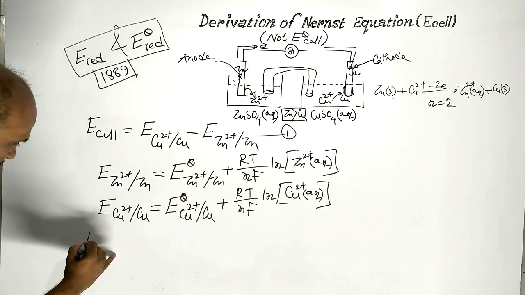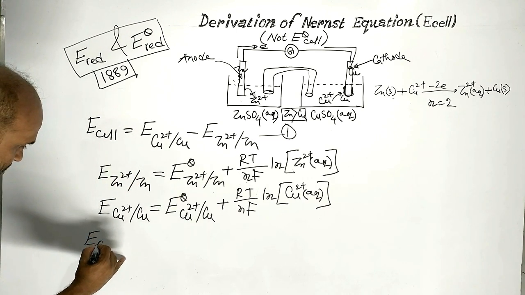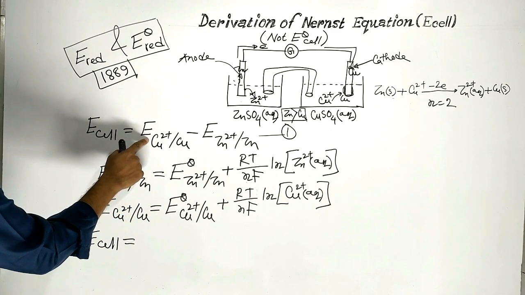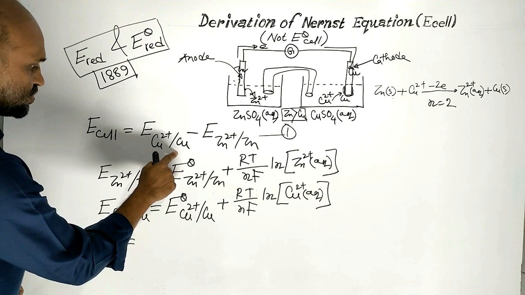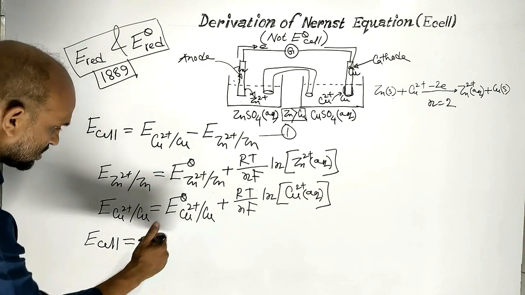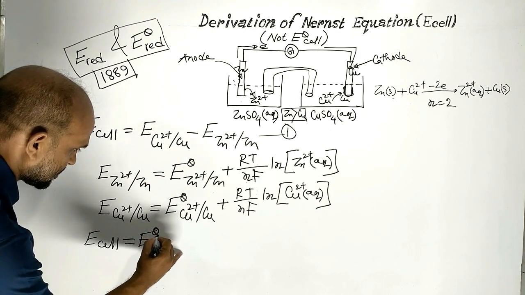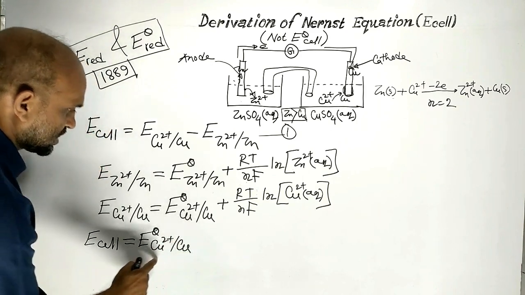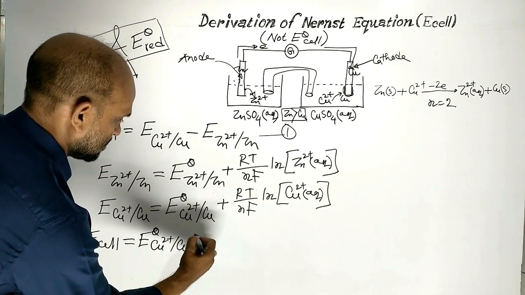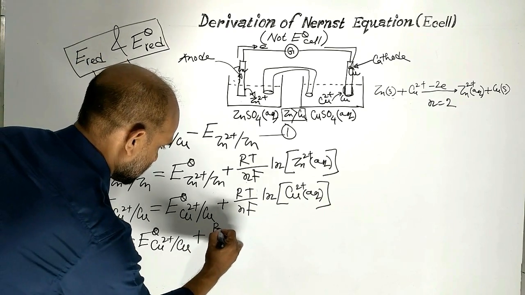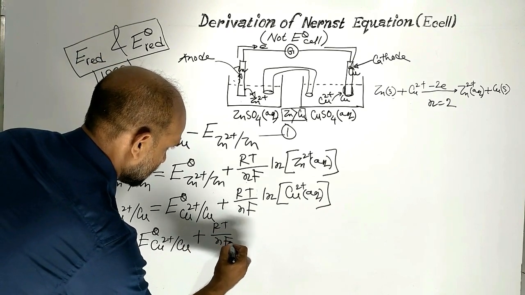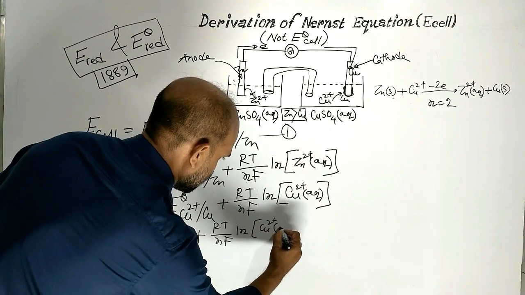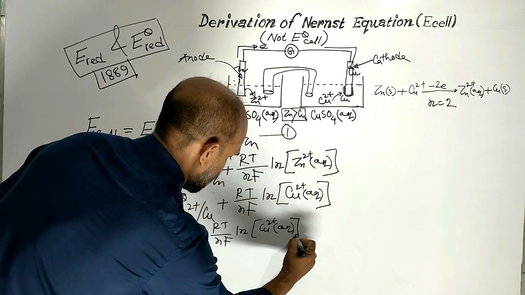Then we can write non-standard state cell potential is equal to non-standard state reduction potential of cathode, that is standard state reduction potential of cathode plus RT by NF ln concentration of copper ion.